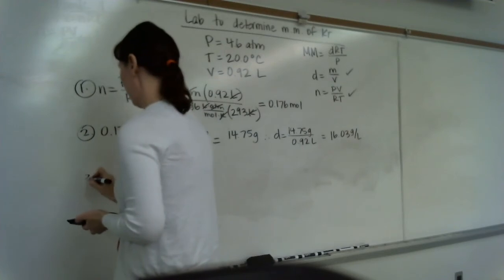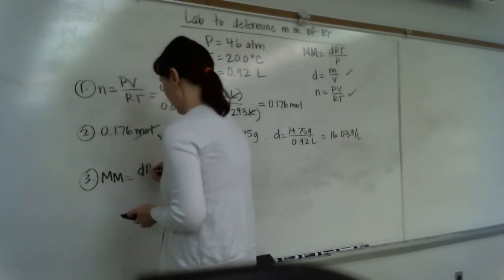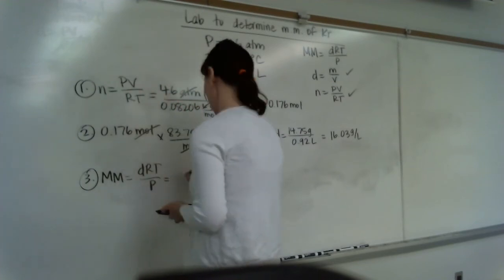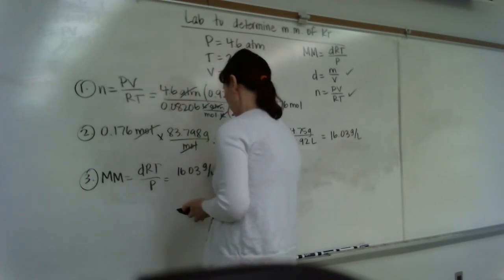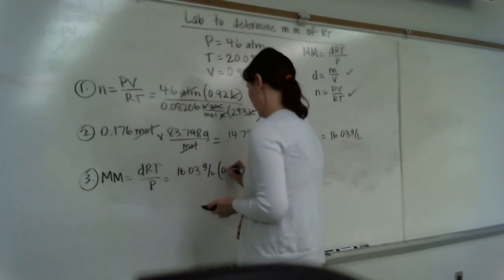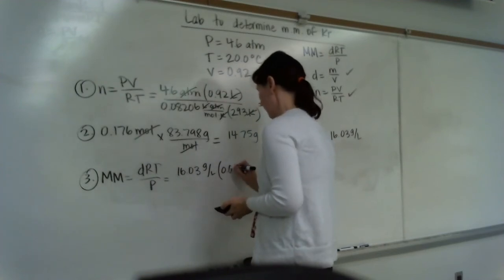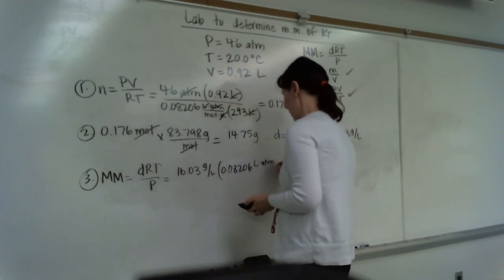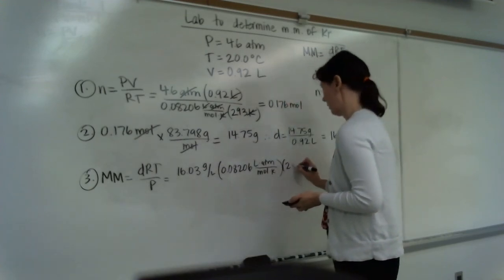Final step. Molar mass is equal to dRT over P. So my density is 16.03 grams per liter times R, 0.08206 liter atmospheres per mole Kelvin. And my Kelvin temperature is 293.